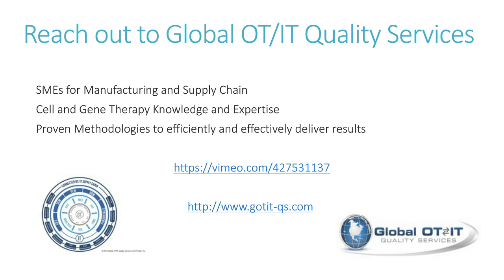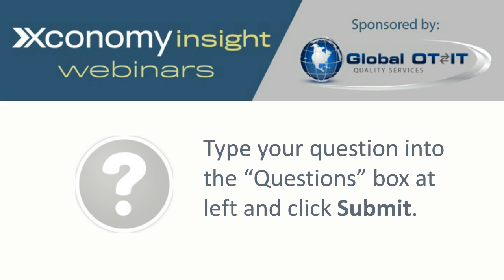First question up is, how important is it to re-engineer the paper batch record for MES? Yeah, this is a really important topic. This is one of the first things we get into, because the current paper batch records don't take advantage of the functionality that the MES has. It presumes that each step is done by a person and there's no interaction with the database or other elements of an MES.